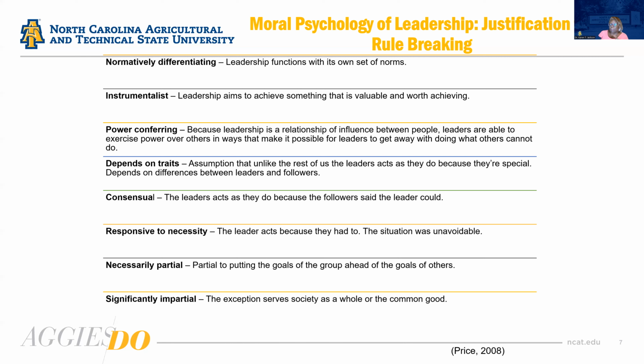Another approach to justifying behavior is necessarily partial, meaning it's partial to putting the goals of the group ahead of the others. So it's necessary to do this because something would have happened to the group if I had not done it. This is juxtaposed against significantly impartial, where the exception serves society as a whole or a common good.